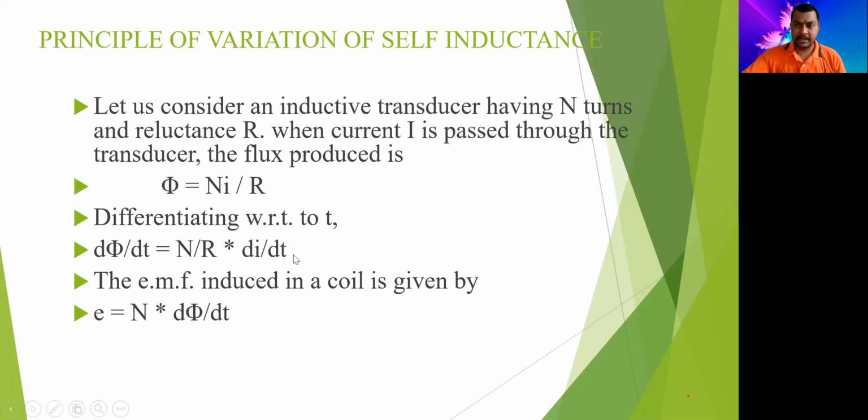Now, as you know, di by dt is nothing but the EMF. So if you multiply that, we'll have the EMF induced in the coil given by this formula. R into di by dt will give you the EMF, and we will have E equal to N into d phi by dt. So this is the formula.